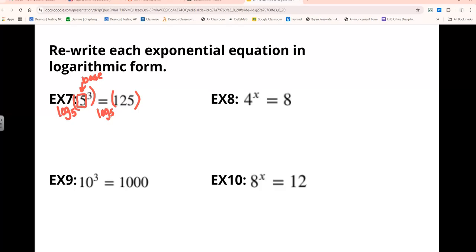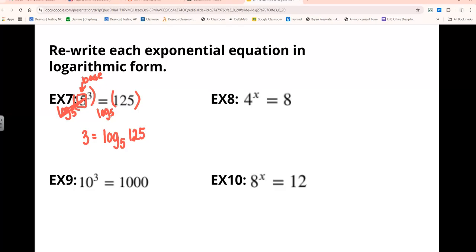Now on the left-hand side, the log and the base cancel out. We're only left with the exponent. We just have that 3. On this side, we write it log base 5 of 125.